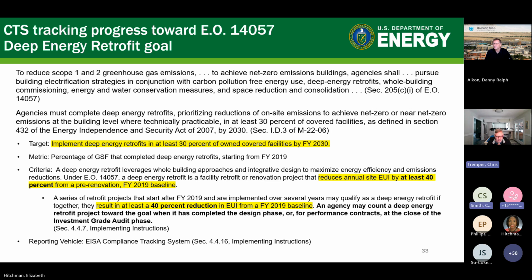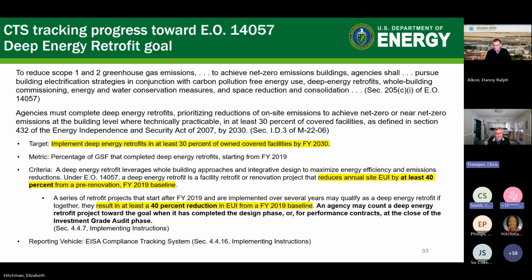The goal is that at least 30% of the square footage of the covered facilities within an agency's portfolio meet that 40% reduction from that baseline by implementing projects, whether it's one project or a series of projects over time.